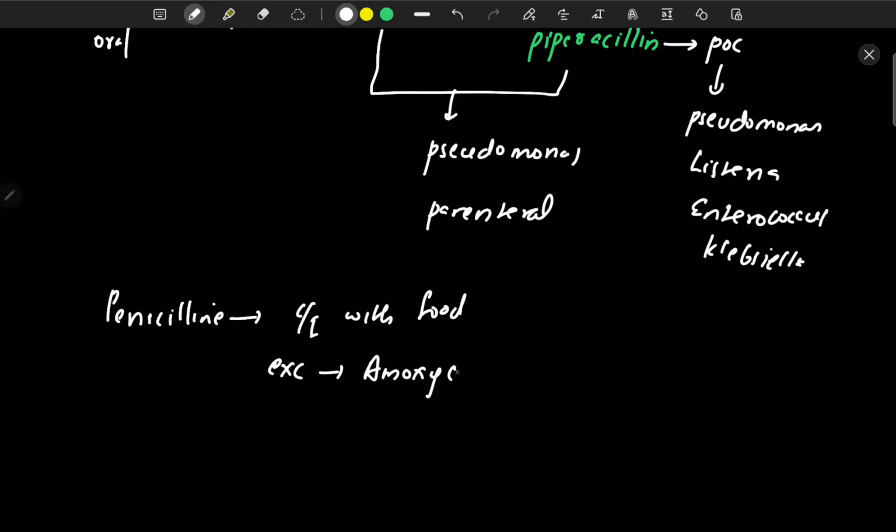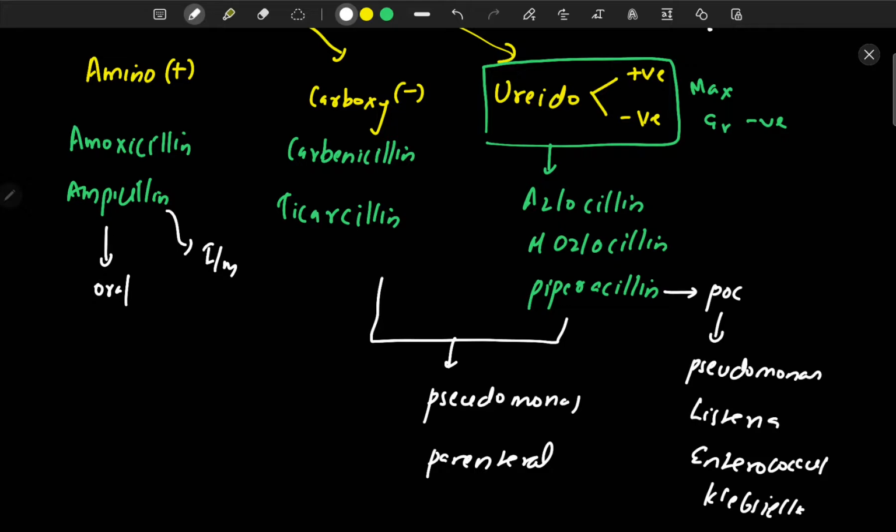Amoxicillin can be given along with food. Between amoxicillin and ampicillin, amoxicillin is more preferred.